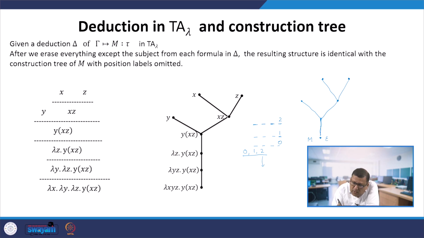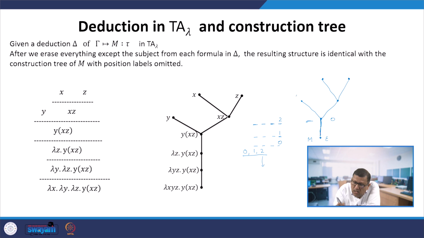Because this link means it is an abstraction, the rightmost symbol will be 0. It is the body of the function, because m means lambda x dot something, and that something is labeled here with position level 0.